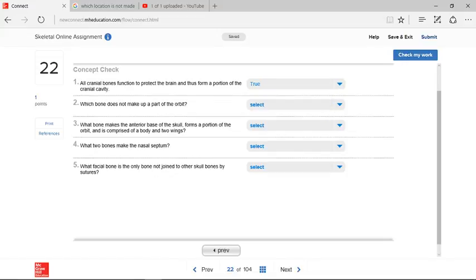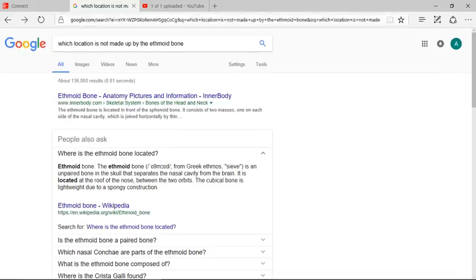Which bone does not make up the part of the orbit? What is the orbit?